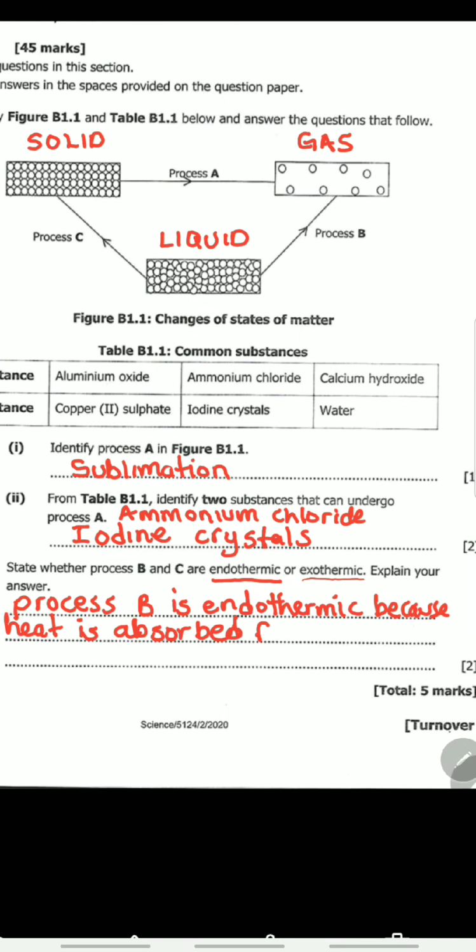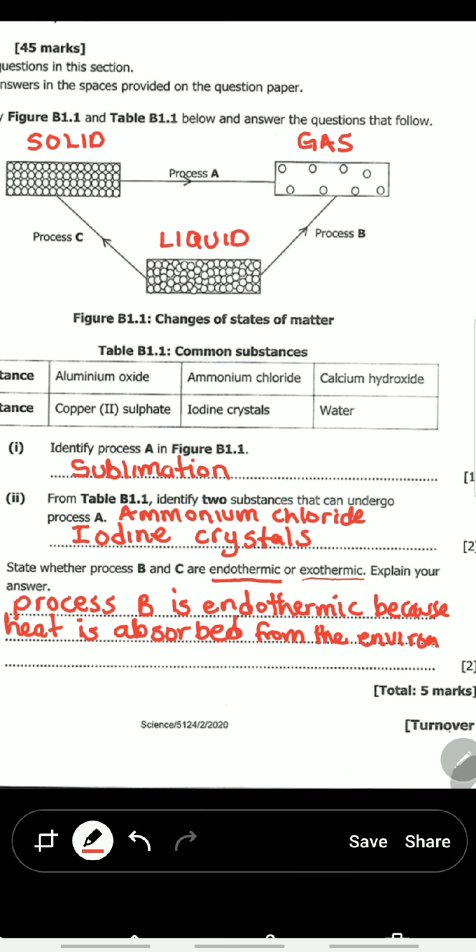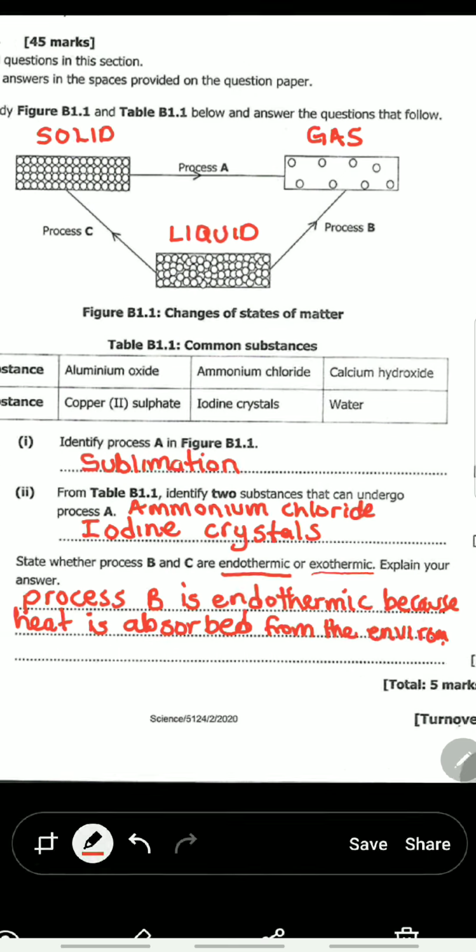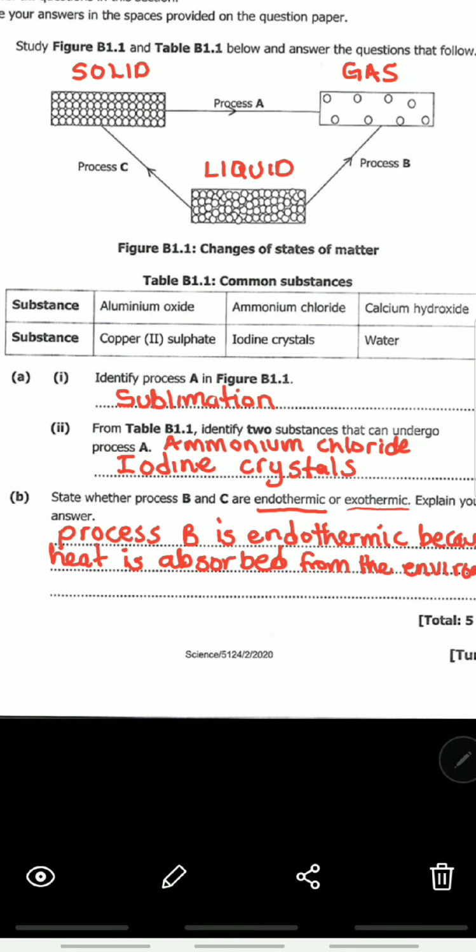Absorbed from where? From the environment. So you can complete it here as environment.